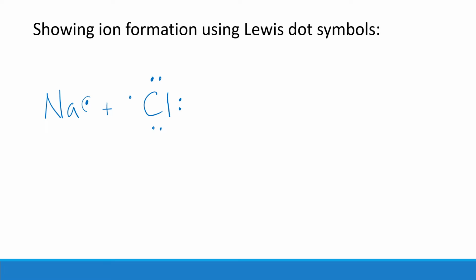This one electron that sodium has is transferred over to the chlorine. That leaves a sodium ion with a positive charge, and then a chloride ion now has, instead of 7 valence electrons, all 8. Right?